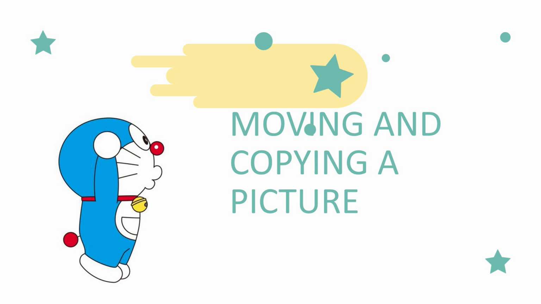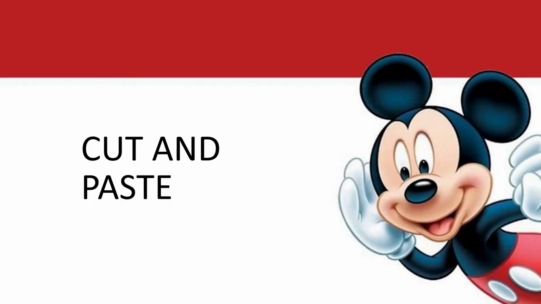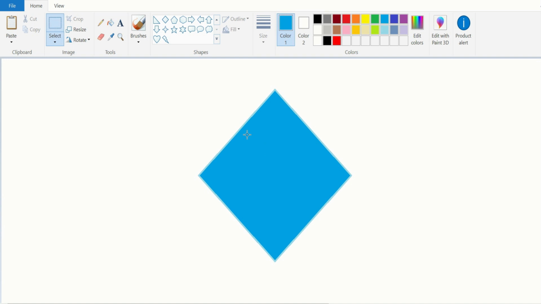You can use the cut, copy and paste options for this. Cut and paste. Cut means it will remove the picture or part of the picture from the original location and paste it another location. Now let's see the use of cut and paste.